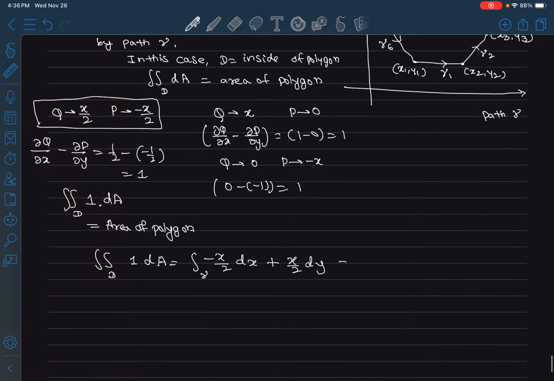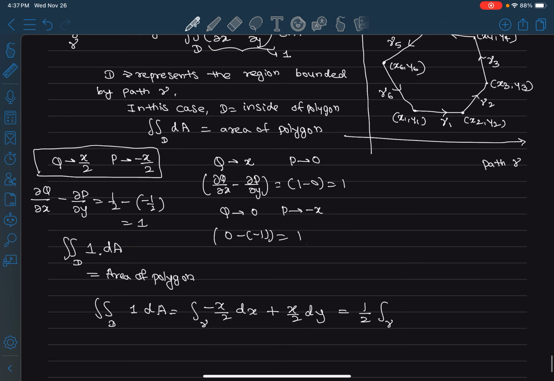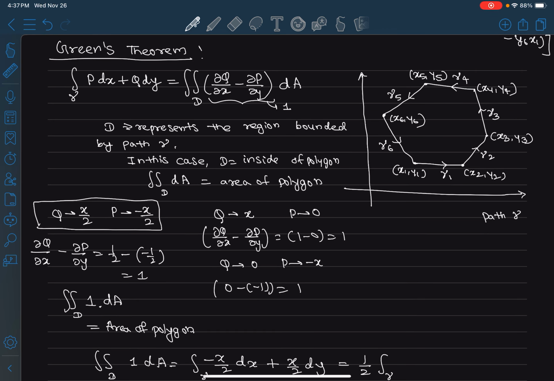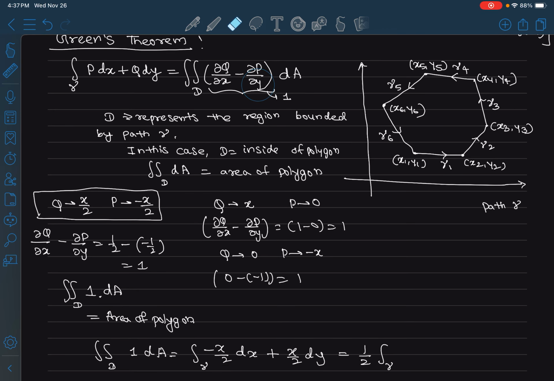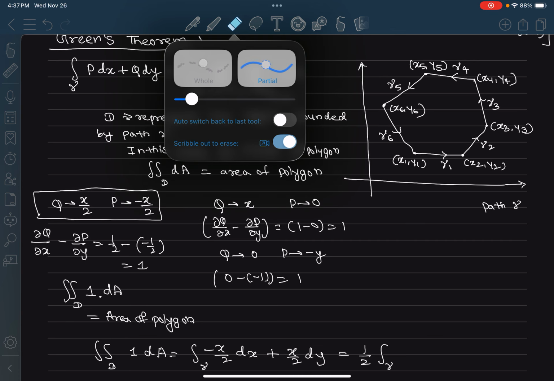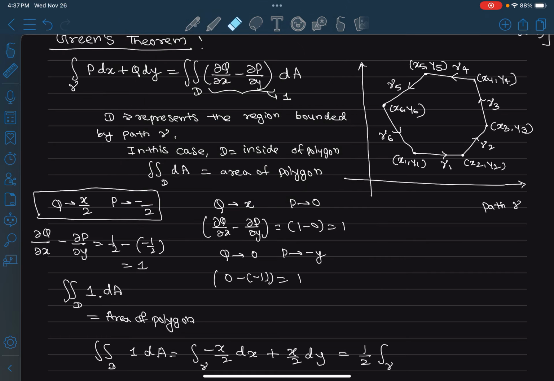Oh wait, I'm sorry, because of this partial P partial y, this should have been minus y over 2 here. Similarly, Q should be x over 2 here. Otherwise it will just go to 0.